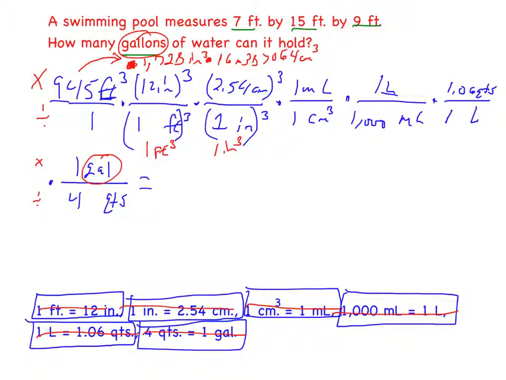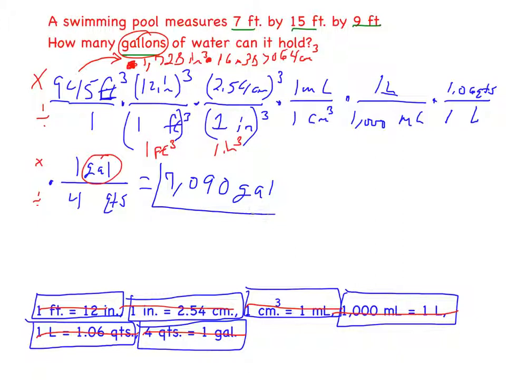Now it's time to divide along the bottom. So the first non-1 thing is 1,000. So divide by 1,000 and hit enter, and divide by 4 and hit enter. And if you do all of that correctly, then you should come up with 7,090 gallons as your answer.